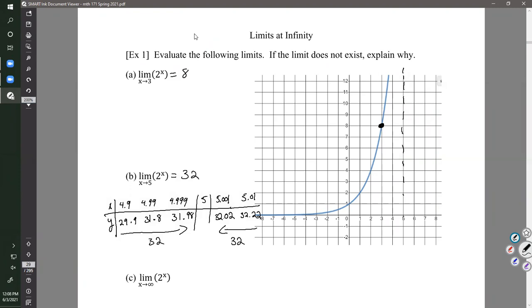And if we had evaluated our function at 5, it would have been 32. But again, for limits, we don't really care what's happening right there. We care what's happening around it. But it is 32. Like I said, a little bit later, we're going to learn techniques that make this a lot easier.